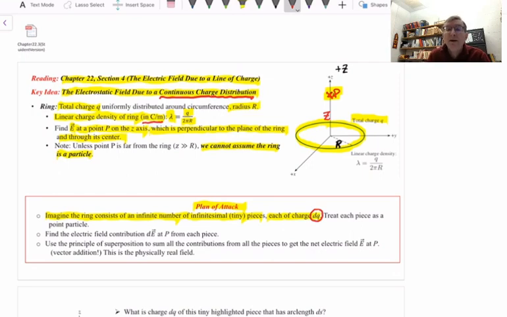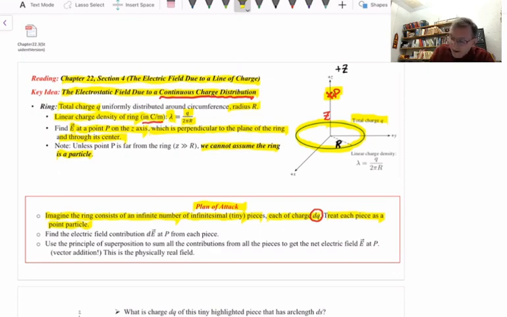Every piece has the same amount because every piece is tiny and all the pieces are equivalent and the charge is spread out uniformly around the ring, but it's a tiny amount of charge, dq. dq means an infinitesimal amount of charge. Now, we get to treat each of these pieces as a point particle because it's so small.